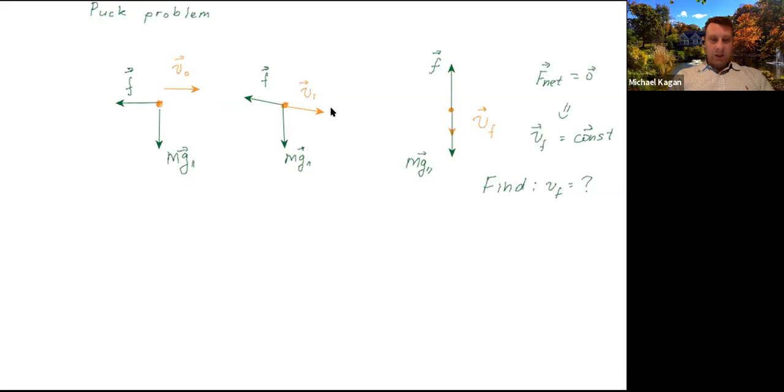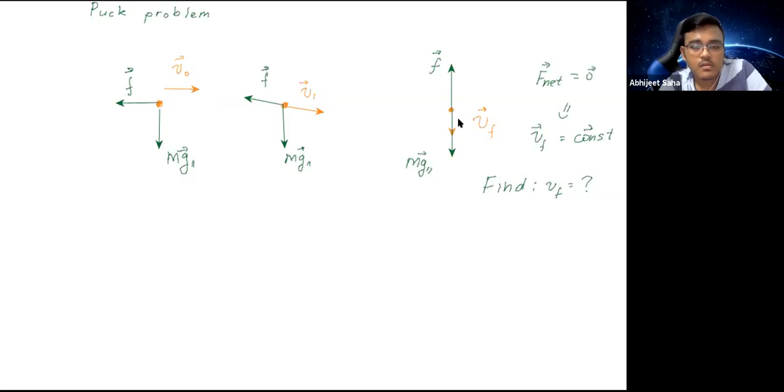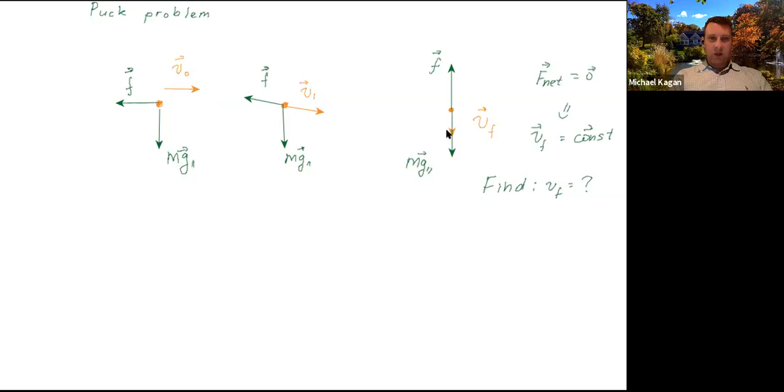And it may have changed its length. We don't know yet, okay? The answer is yes, it will be slower. But importantly, the direction is changed, okay? And it keeps happening until the velocity becomes straight down. At that point, friction turns straight up, starts canceling gravity, and after that, nothing changes.